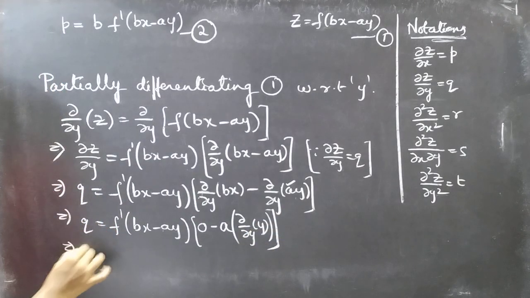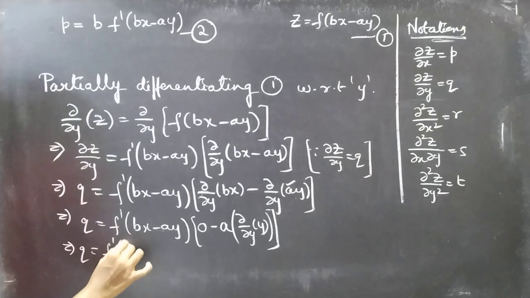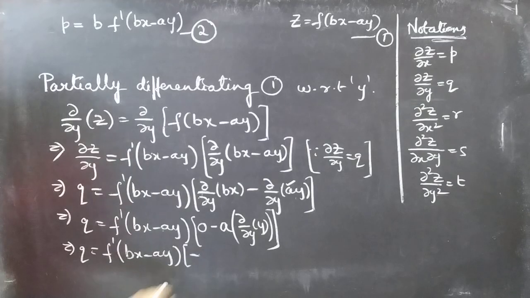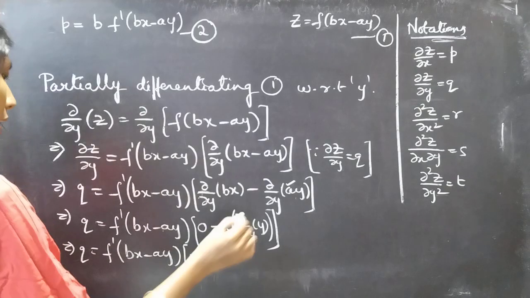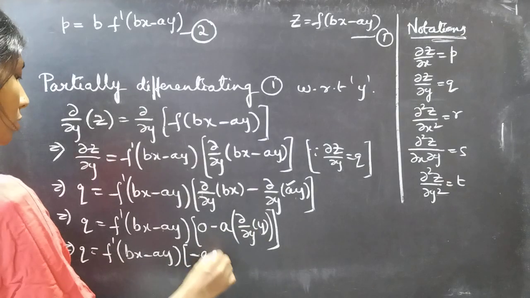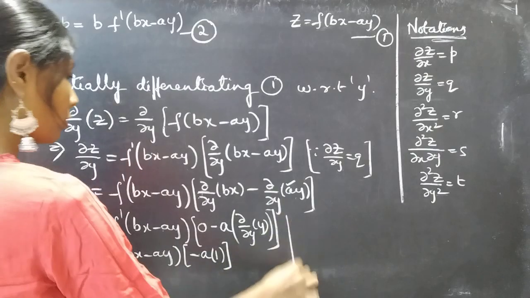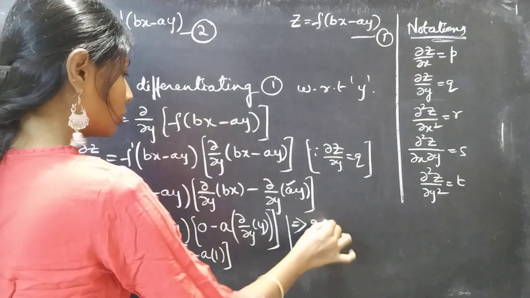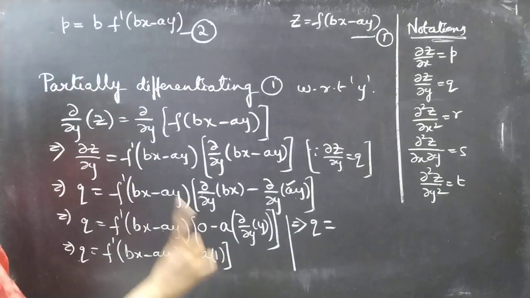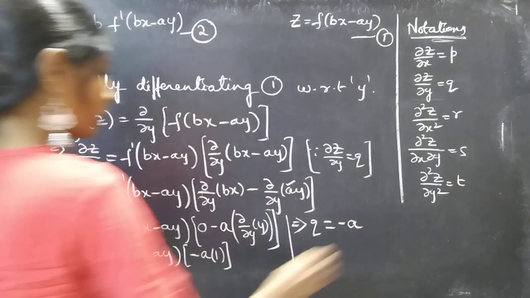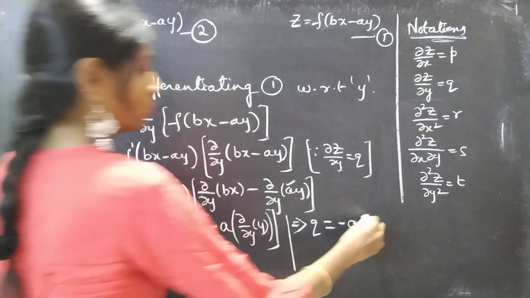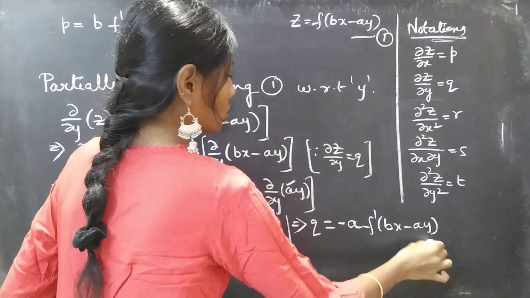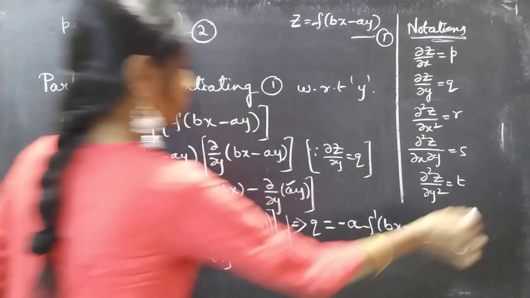Which gives us q equal to f dash of bx minus ay into minus a into the partial derivative of y with respect to y, which is 1. We can write this as q equal to minus a into 1, which is minus a, into f dash of bx minus ay. Consider it as equation number 3.